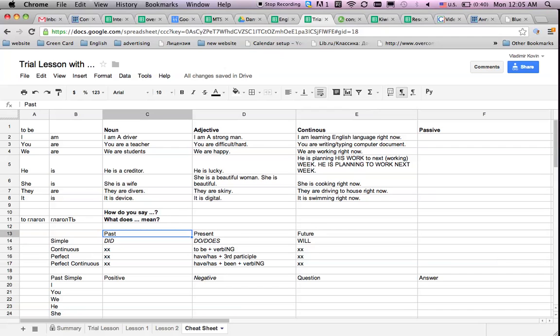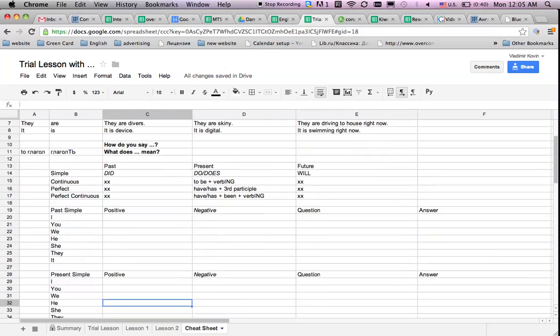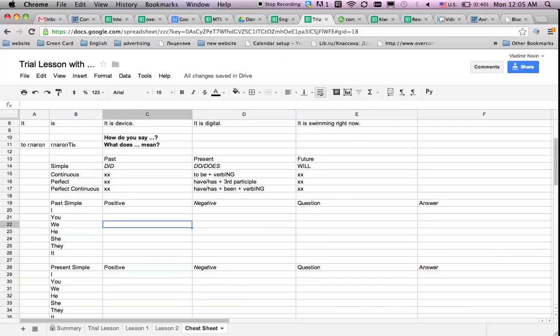Then I explain to them that there is such a thing as an auxiliary verb, vspomogatelny glagol in Russian. And I explain to them that the auxiliary verb in these two sentences, present simple and past simple, is not used in positive sentences. So what I do is then I ask them to make sentences in each of these tenses themselves.